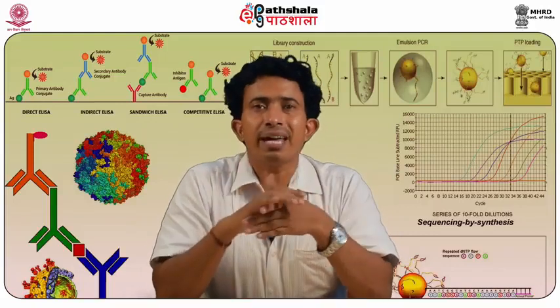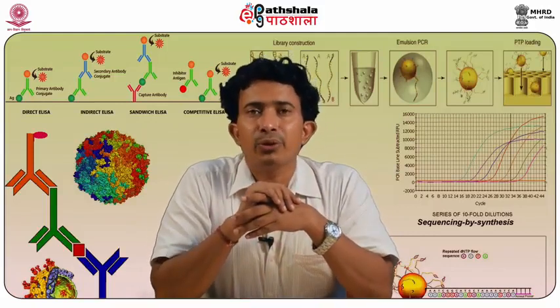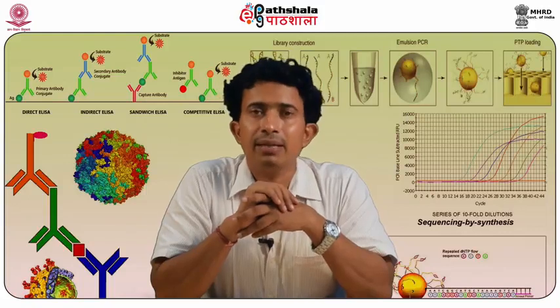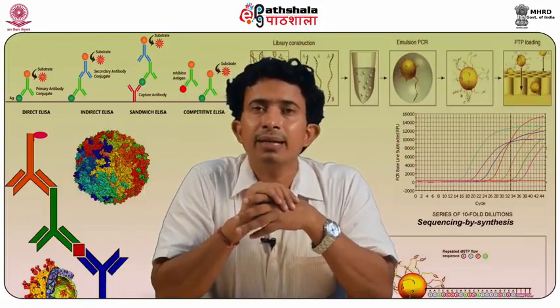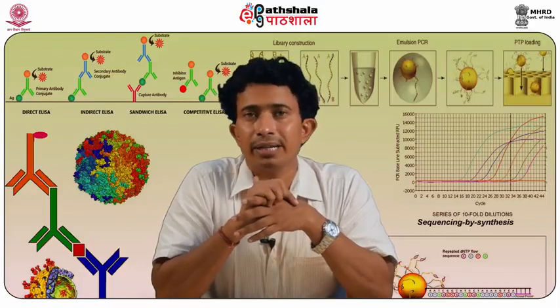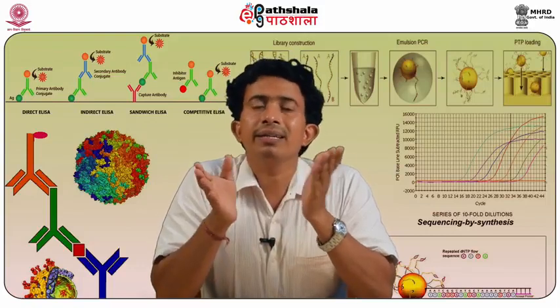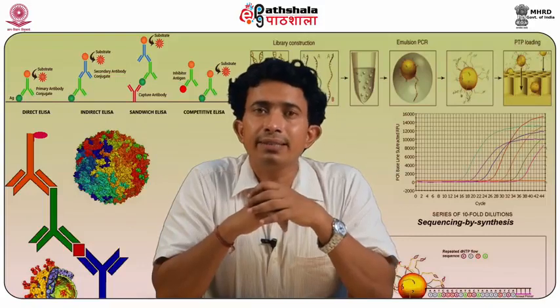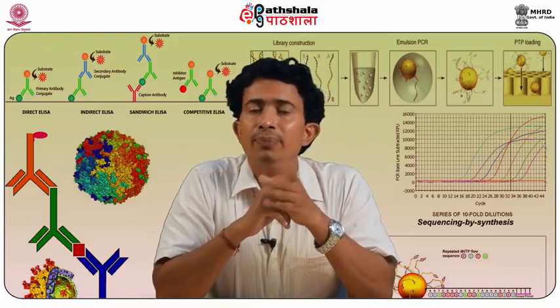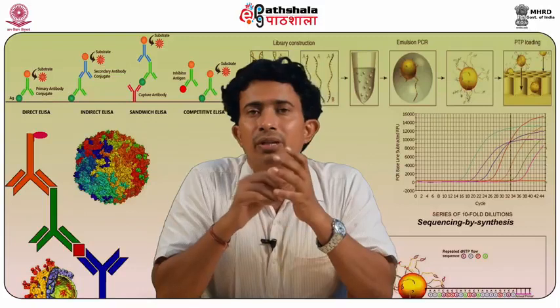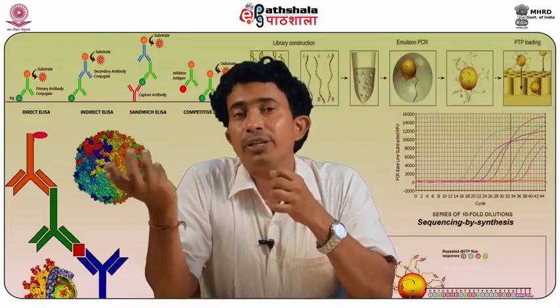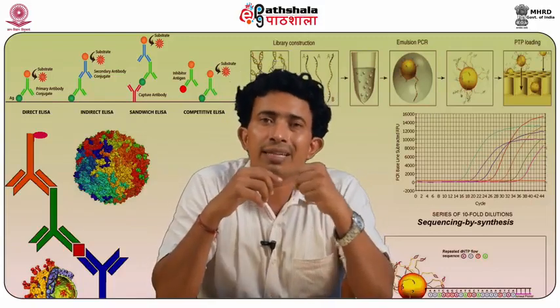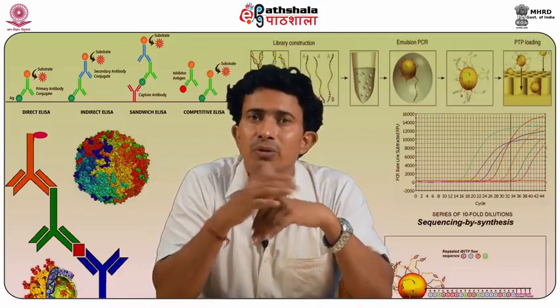Apart from direct damage, pathogens also cause indirect damage to the host. In indirect damage, the pathogen is not directly responsible. For example, in case of hypersensitivity, the bacteria or the pathogen is not in the scene, but it may still be responsible for the occurrence of hypersensitivity in the host.